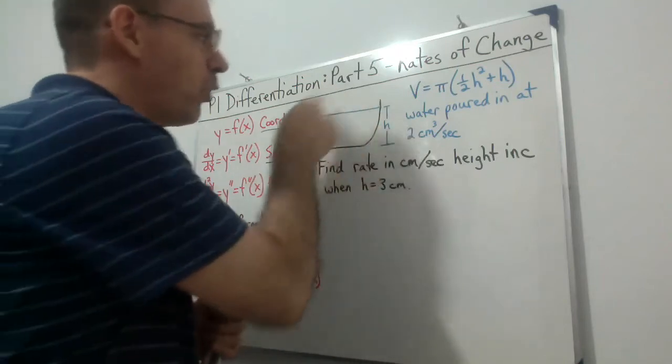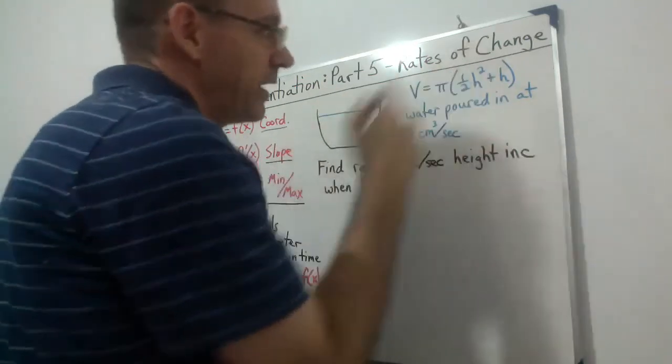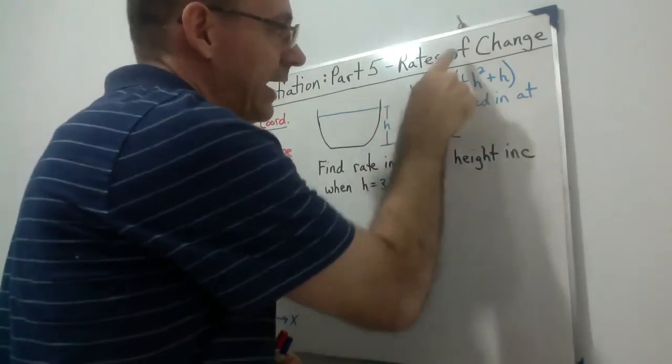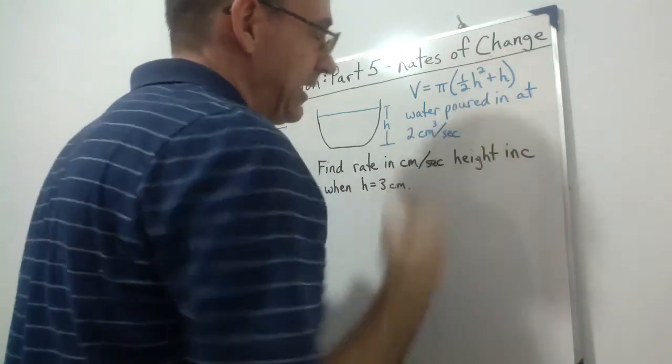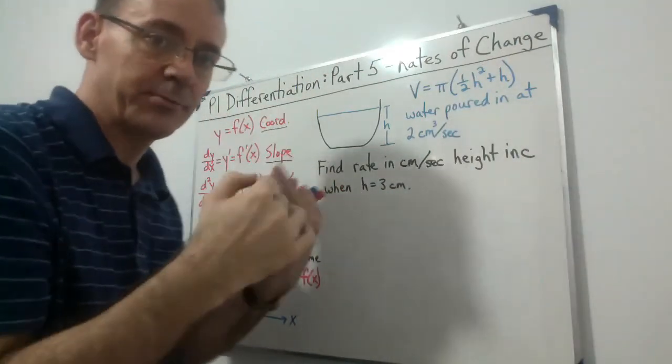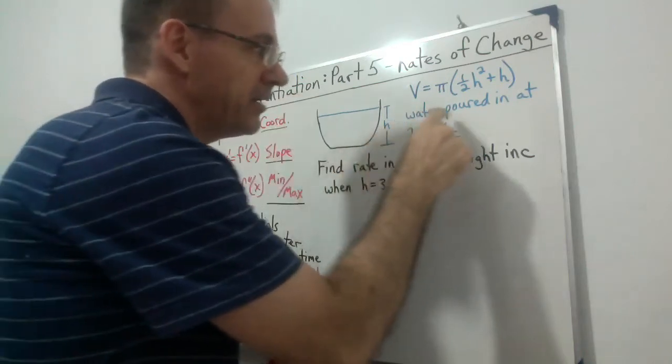So the volume of this bowl of water is expressed by the equation V equals pi times 1/2 h squared plus h. So the volume in terms of height. And now it says that the water is poured in.